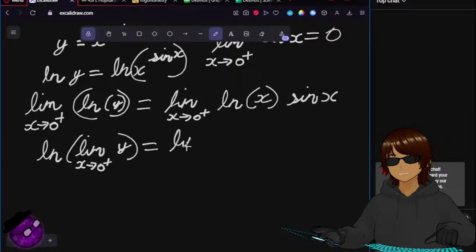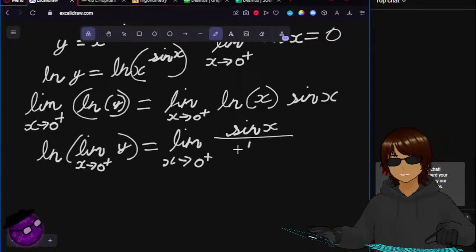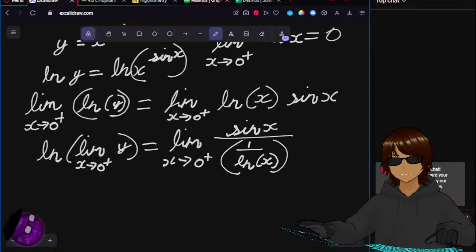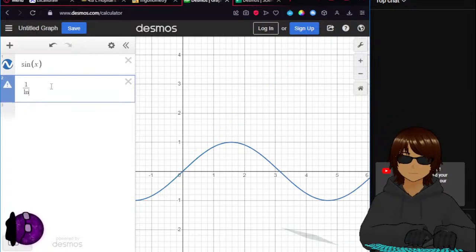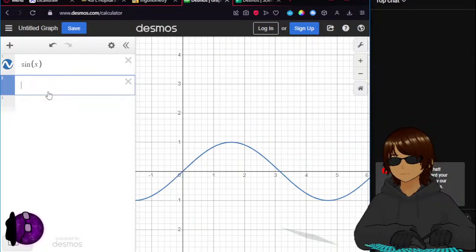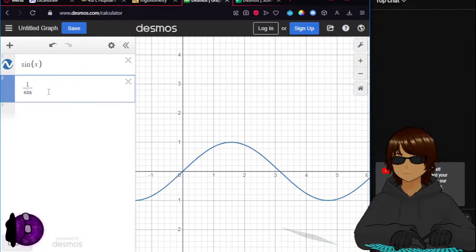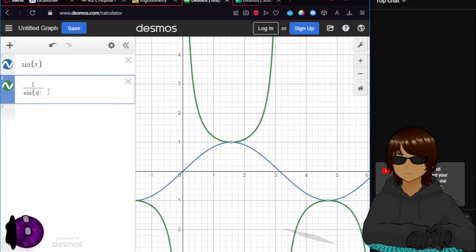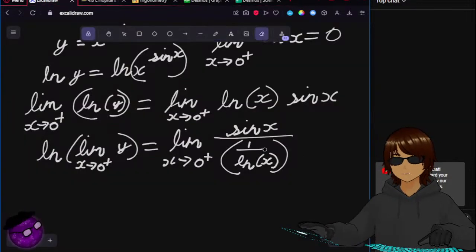What if we take the limit as x approaches 0 of ln of x divided by 1 over sine x? Let's do that instead.